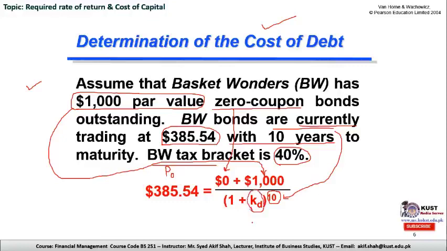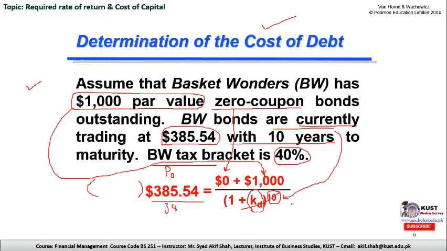Now the question is quite easy to solve for Kd. We can simply multiply both sides with 1 plus Kd raised to the power 10, and it will be cut off over here. Rather, it shall be mentioned at the left hand side as 1 plus Kd raised to the power 10. In the next step, we can also divide both sides by $385.54.